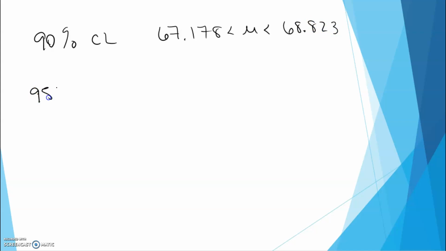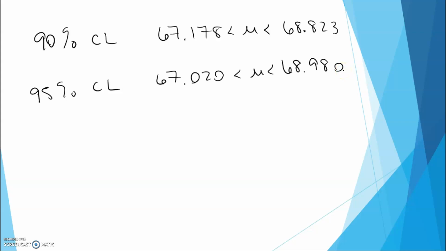When it was at a 95% confidence level, we found it to be between 67.020 and 68.980.